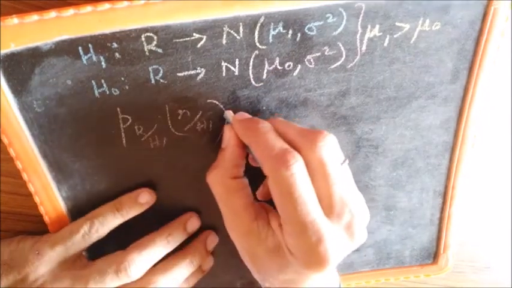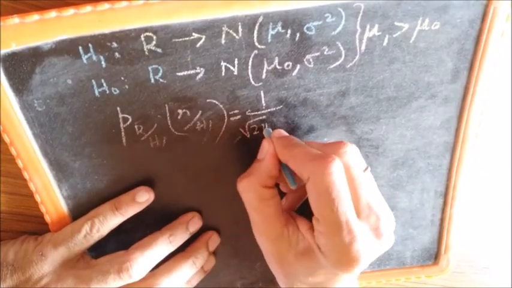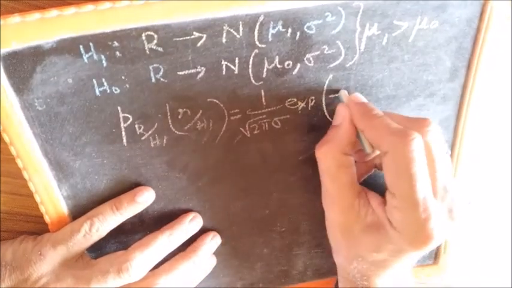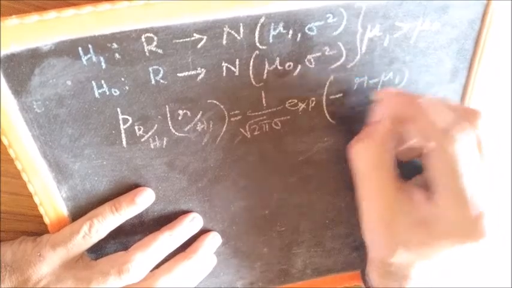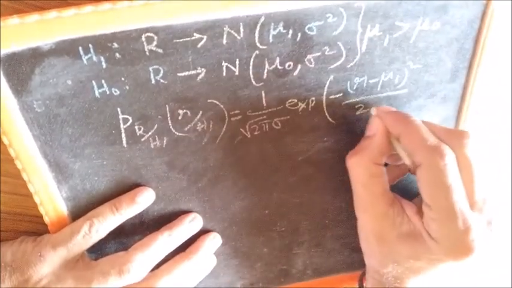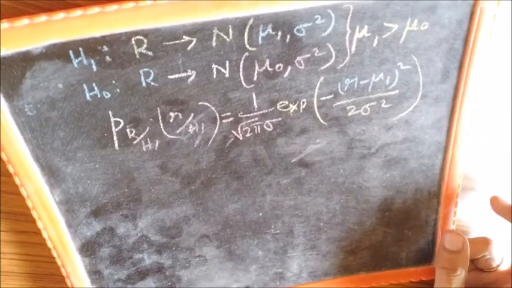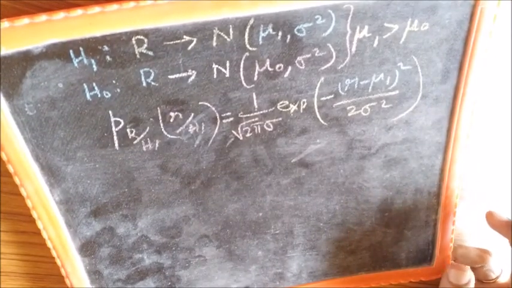From the data, it is clear that this is a Gaussian distributed random variable with mean mu1 and variance sigma square. So I can straight away write this as equal to 1 by root of 2 pi sigma e power minus of r minus mu1 whole square by 2 sigma square. This is the normal distribution, the Gaussian distribution with mean mu1 and variance sigma square.